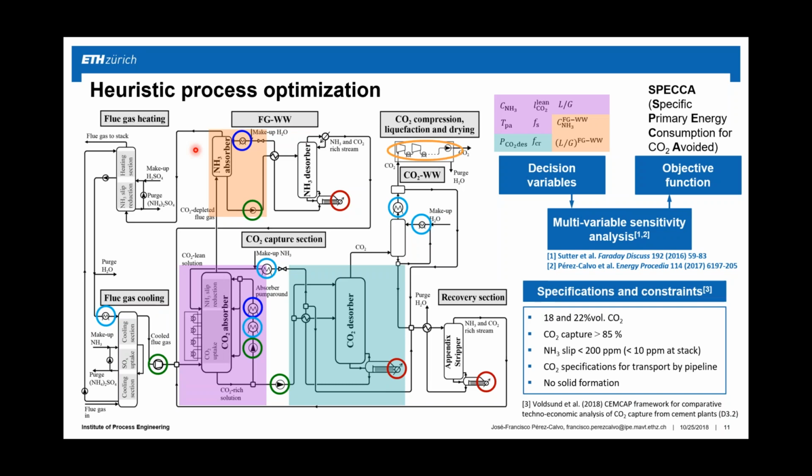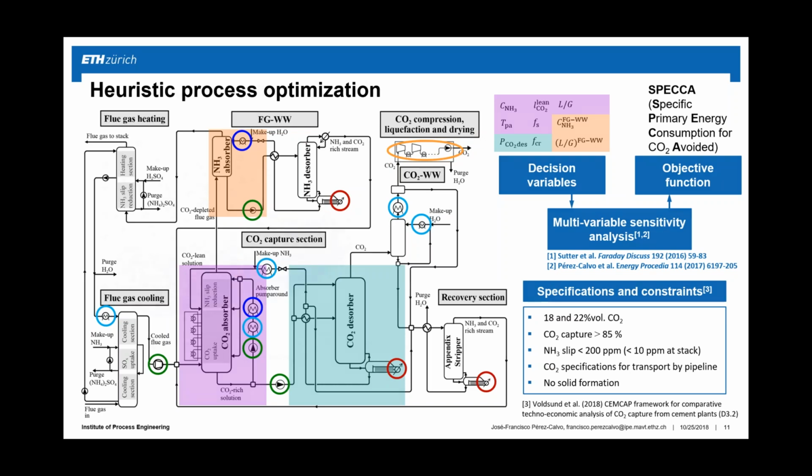This is, we perform the optimization for CO2 concentrations in the flue gas of 18 and 22%, in order to have CO2 capture efficiency above 85%, having ammonia slip in the CO2 depleted flue gas below 200 ppm out of the ammonia absorber and below 110 ppm at the stack, to fulfill the CO2 specifications for transport by pipeline after the CO2 compression, and in order to avoid solid formation anywhere within the process.